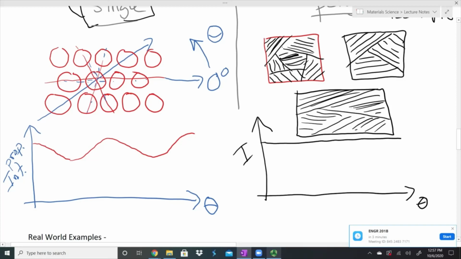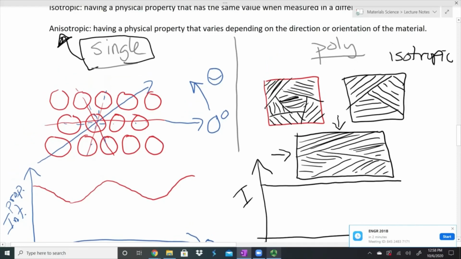And as we work the material, they all kind of line up in the same direction. They aren't going to necessarily uncrystallize from a polycrystal and jump into a single crystal, but they're going to start lining up more. Again, if I pass a voltage one direction, it's going to act differently than if I pass it in the other. So a polycrystal, if it is an unworked polycrystal, we have nice uniform grains, and those grains are really, really small, then it is isotropic.